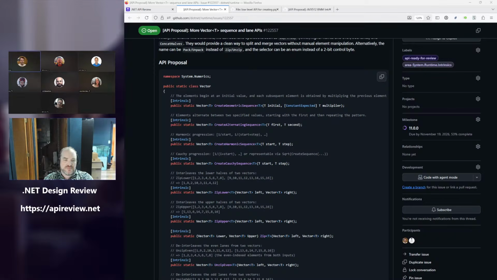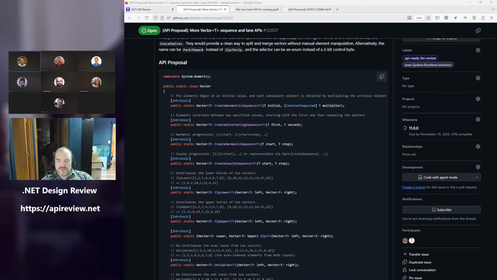However, there are some special shuffle operations that are incredibly common that it is worth having helpers for, and which often have dedicated singular instructions available on platforms like WASM, ARM, and Intel. And so we're proposing create geometric sequence, create alternating sequence, harmonic sequence, and Cauchy sequence.